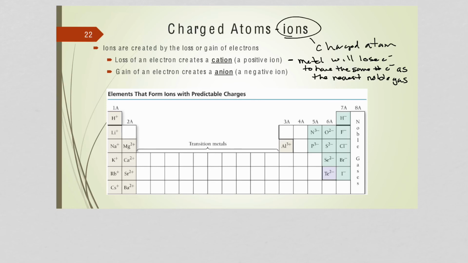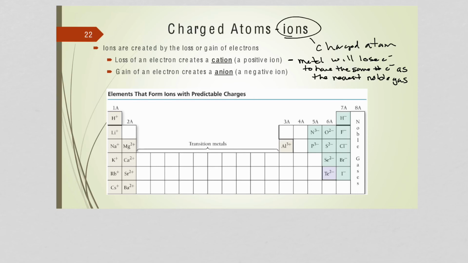So we see that elements over here on the left-hand side of the periodic table, along with other metals as well, will tend to lose these electrons so that they have extra protons. They have more protons than electrons, giving them an overall positive charge in the atom.